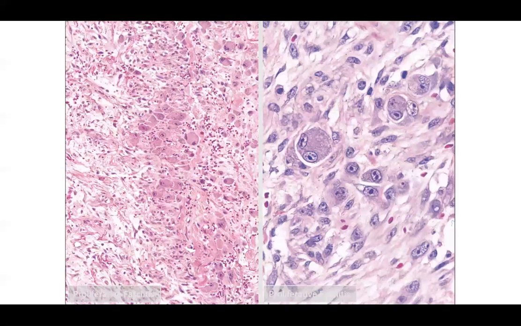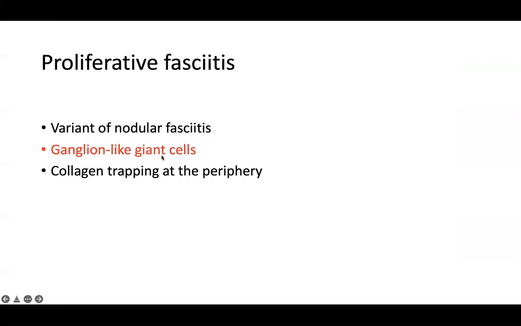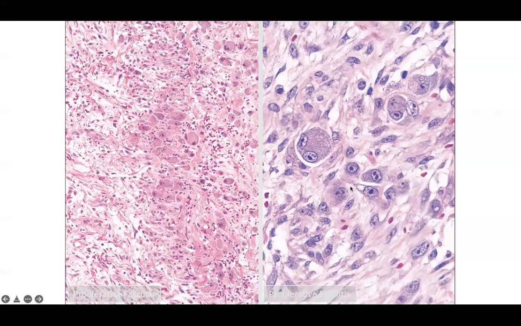Again, just some more examples of proliferative fasciitis with some enlarged giant cell appearing cells, and even these ganglion-like giant cells, as we mentioned. So these look even more ganglion-like in their appearance, almost like a neural-derived giant cell. These are pretty characteristic looking, very interesting cells.